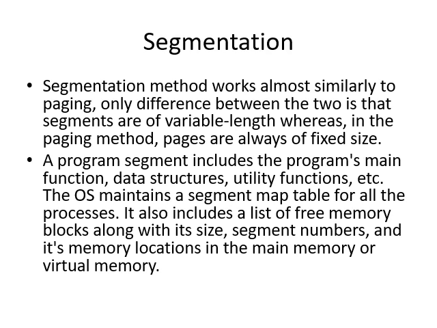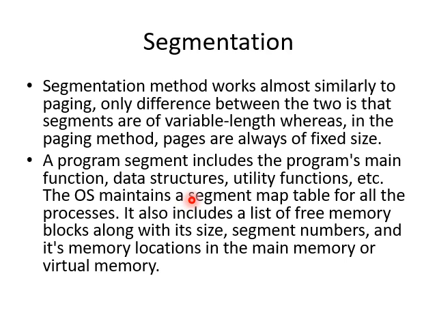But in case of segmentation, we have variable sized segments into which our program is divided. We may have different segments of programs, like a code segment, a data segment, a stack segment, an extra segment, and things like that.